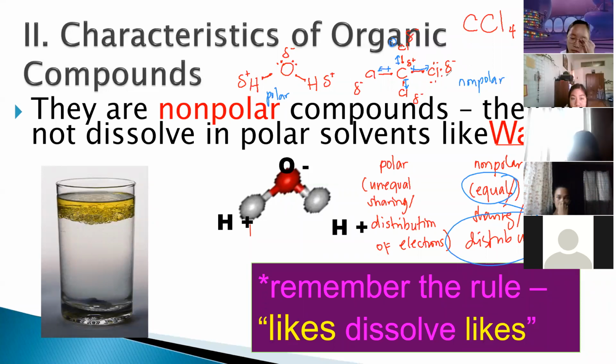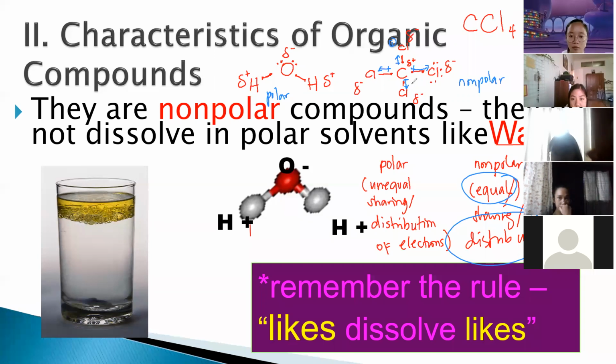Ang nangyari lang, mag-share sila. So, the electrons are still there, pero they are moving kung saan sila dapat papunta. Doon sila mag-move sa negative portion of the molecule. So, since mga chlorine ito yung mga partial negative side of the molecule, dun pupunta yung dipole moment ng ating mga electrons.